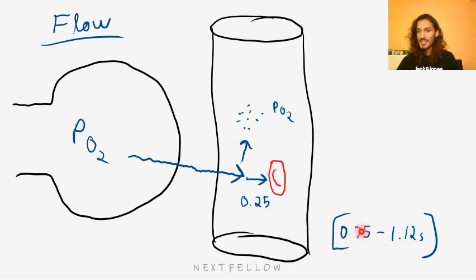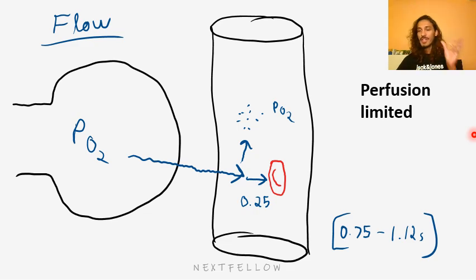If the transit time was much lesser, if every 0.25 second new blood comes, then we won't have a problem. But because this is ending much sooner and transit time is the limiting factor, this is a perfusion limited flow. Okay, so this is a concept that you need to understand.